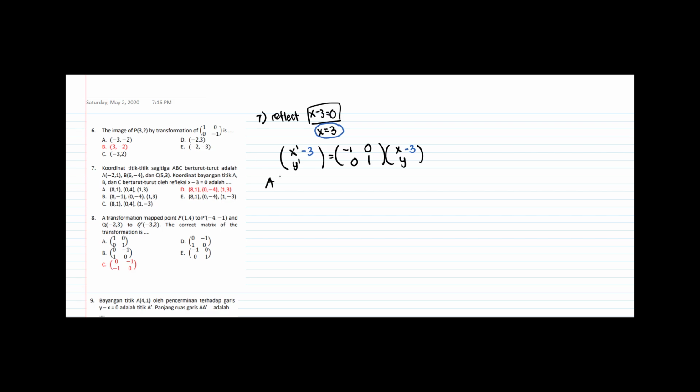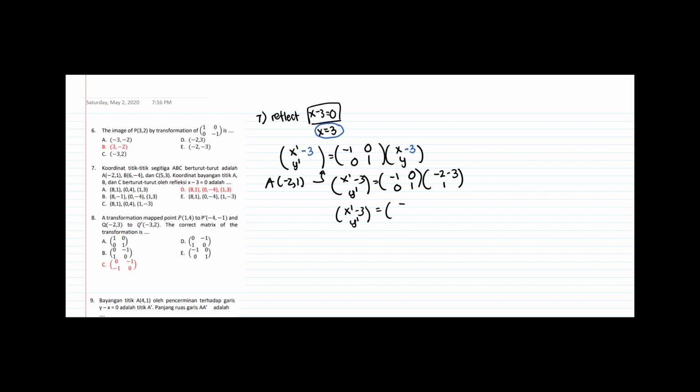And then for point A, it is (negative 2, 1). We put it right here. So x accent minus 3 and y accent equals (negative 1, 0, 0, 1). We put the x is negative 2 and then 1. Okay, calculate it.